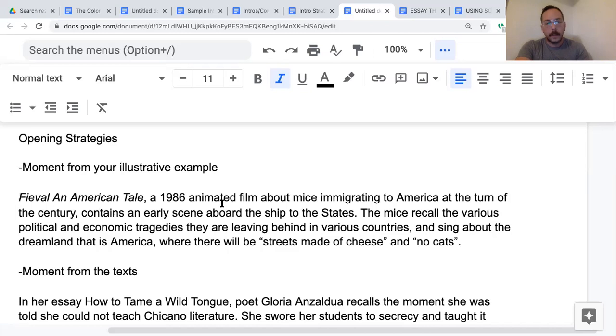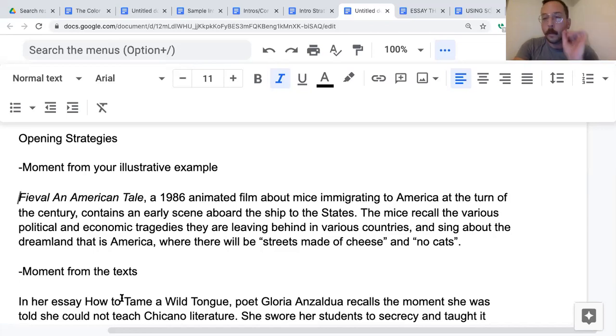So, in about 2 sentences, I have highlighted what I consider to be a good entryway into the American dream, right? You can imagine that later in this introduction, I would talk about how the American dream for many immigrants is an escape from the lives that they knew before, right?